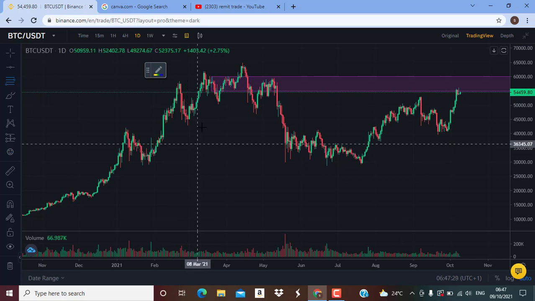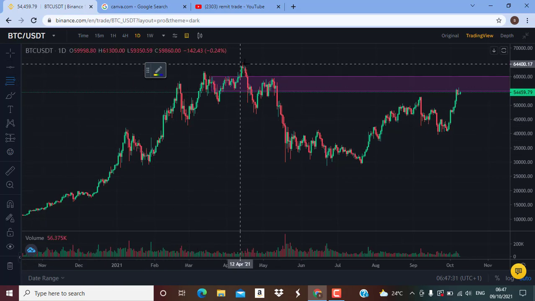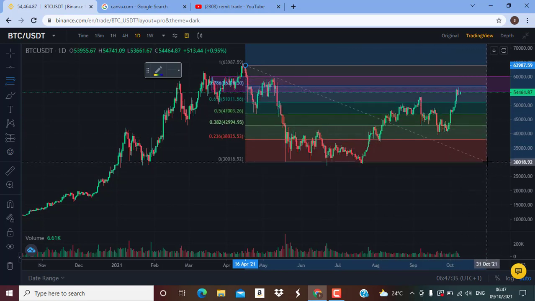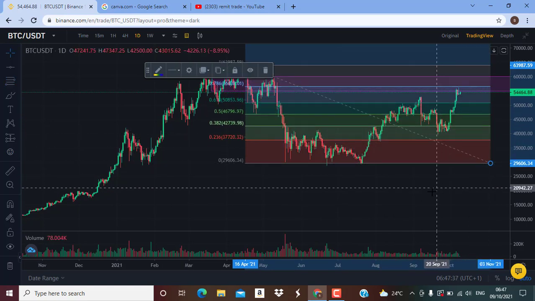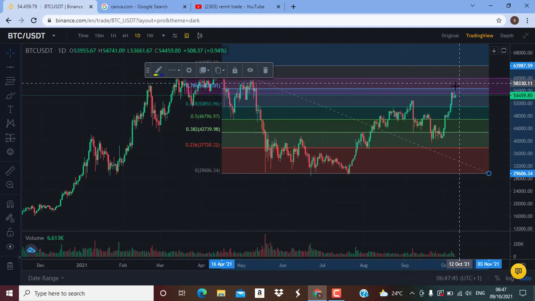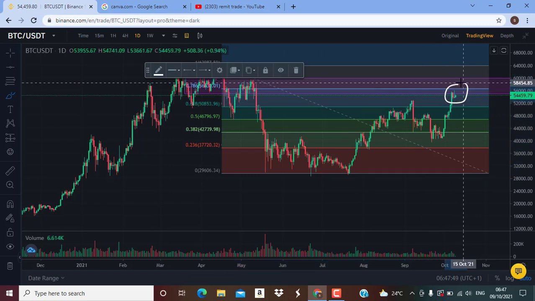If you look at the Fibonacci retracement, if I draw from swing high to swing low right here, you discover that the market has reached this area, which is the 0.786 level. We're talking about this zone at this point, which is very important, guys.